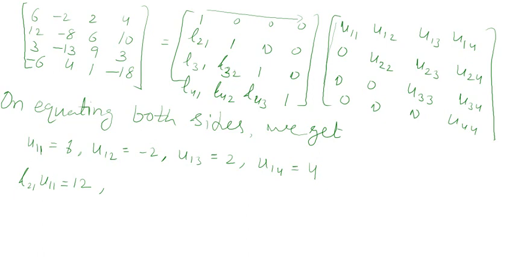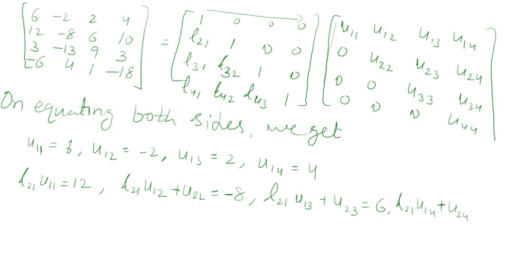Now second row, second column gives L21 U12 plus U22 equals minus 8. Second row, third column, L21 U13 plus U23 equals 6, and the fourth entry is L21 U14 plus U24 equals 10.